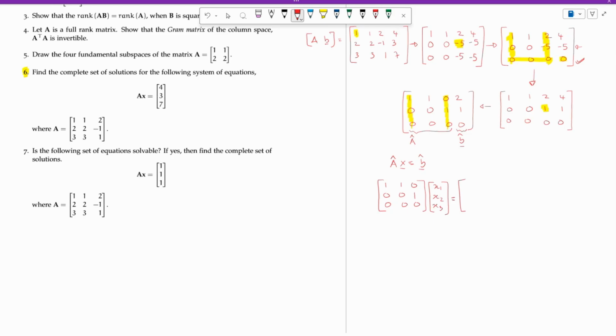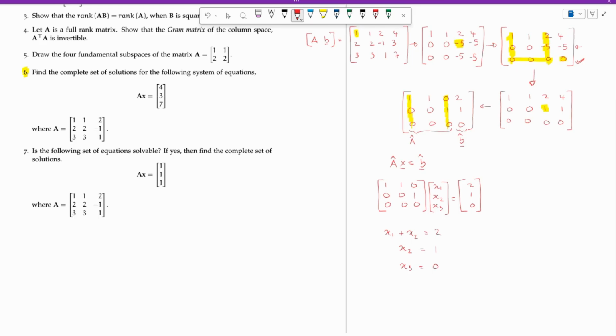That will be equal to 2, 1, 0. That means our equations, which were originally x1 plus x2 plus 2x3 equals 4, 2x1 plus 2x2 minus x3 equals 3, 3x1 plus 3x2 plus x3 equals 7, now reduce to x1 plus x2 is 2, x3 equals 1, 0.